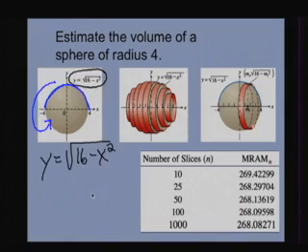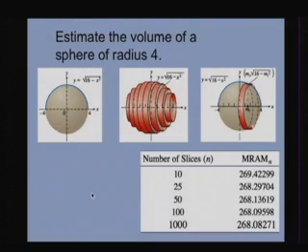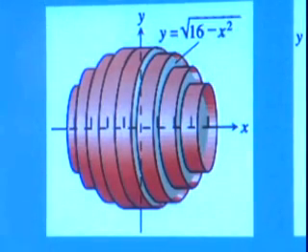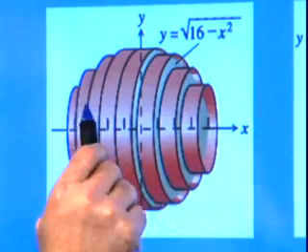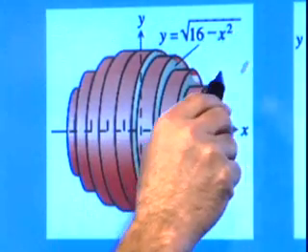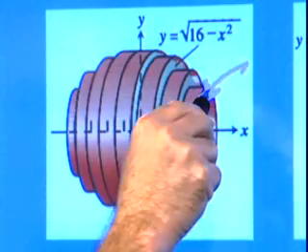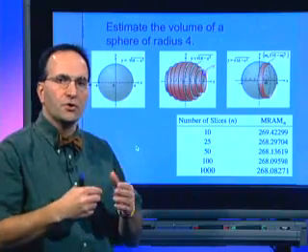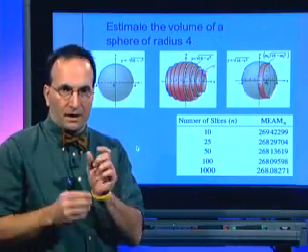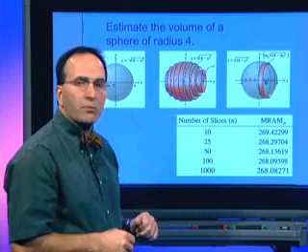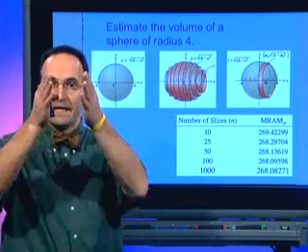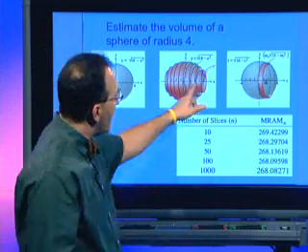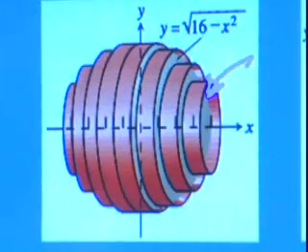All right, let's move to the second picture. Then we're going to slice up the sphere into these little mini cylinders. Just like we divided up the curve into those rectangles, into subintervals, that's what we're doing here, except that instead of making a rectangle, we're actually making a very, very thin cylinder.